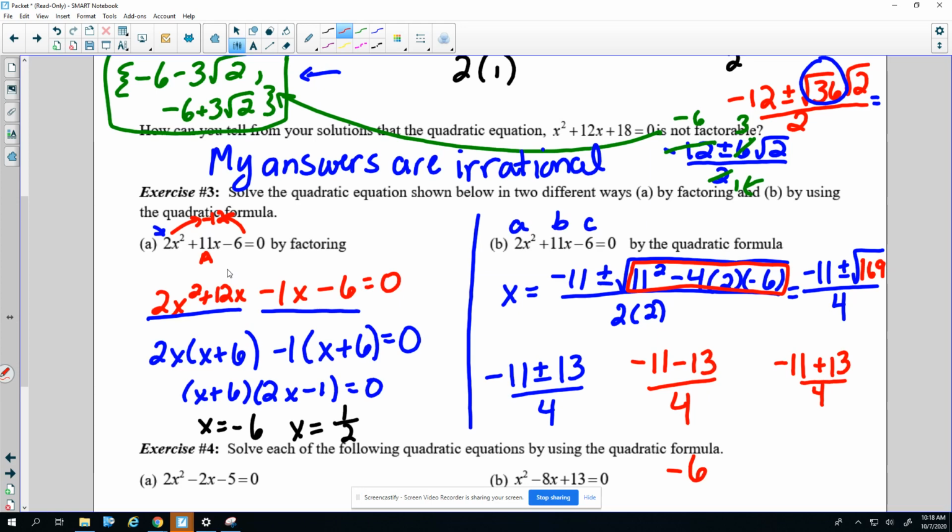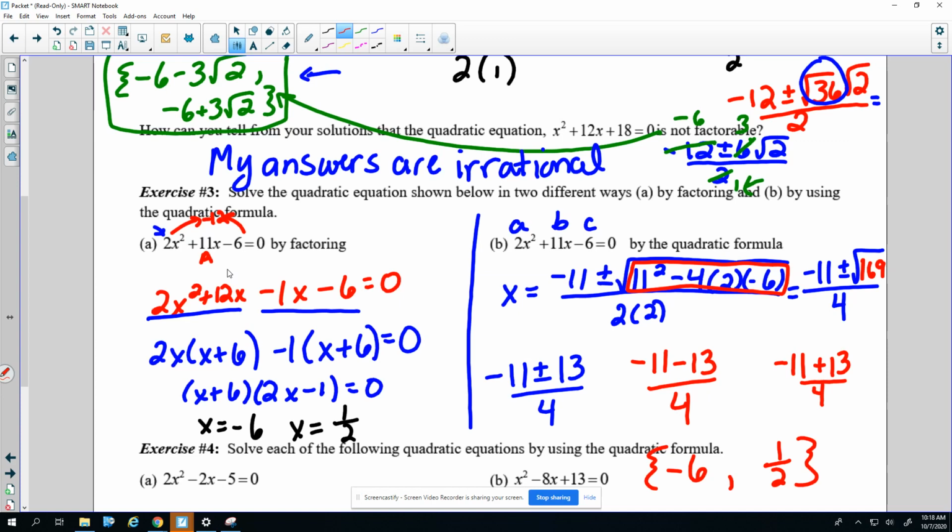And negative 11 plus 13, that's 2 over 4, is 1/2. So those are my 2 answers, and I see that they're the same exact answers I had when I was factoring. So factoring is a method that works sometimes. Quadratic formula works all the time, even if factoring was possible.